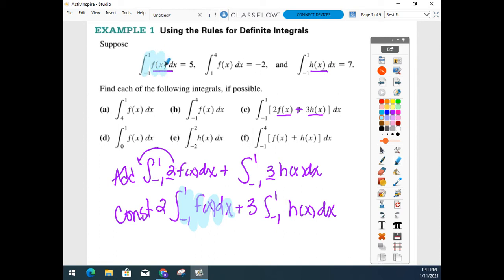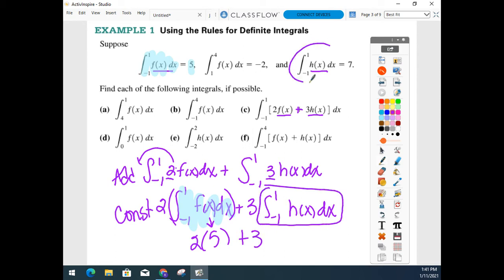This whole integral has a value of 5, so I can replace this with 5 plus this whole thing is 7. So we just multiply our constants and add at the end.